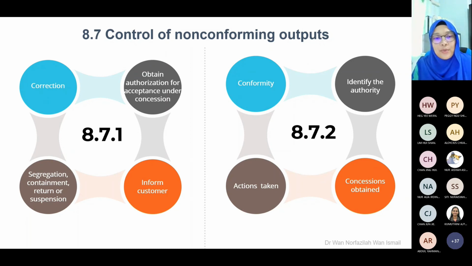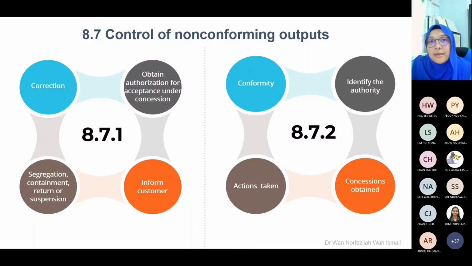So 8.7.1 is on the correction, doing correction on that non-conforming outputs. For example, if you provide a lab analysis to your customer, and then from the customer feedback, your customer complains that the calculation on the mean and standard deviation is wrong.